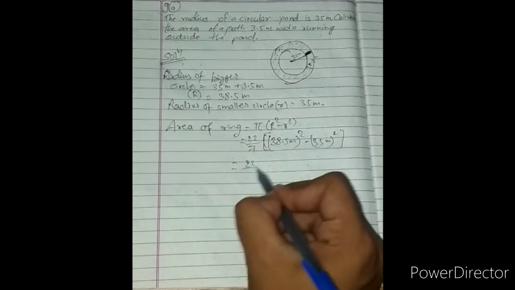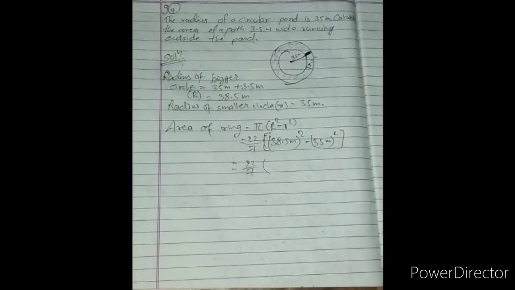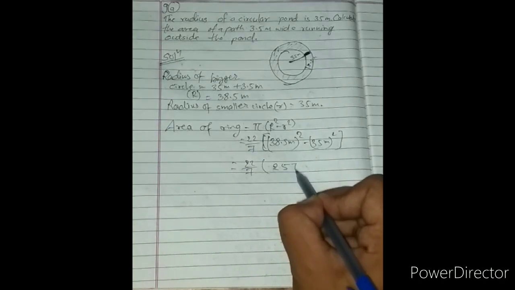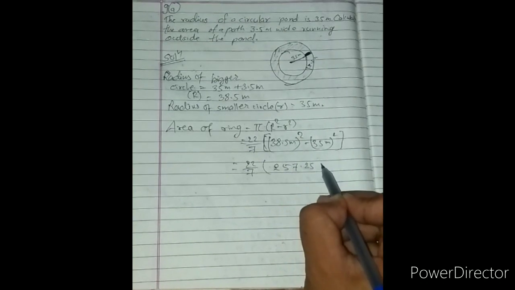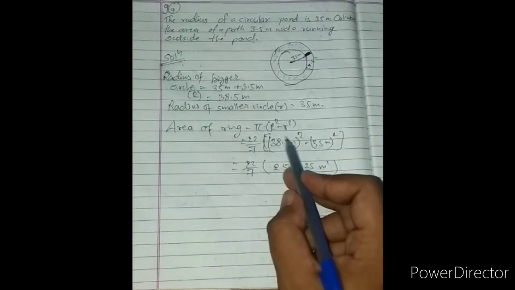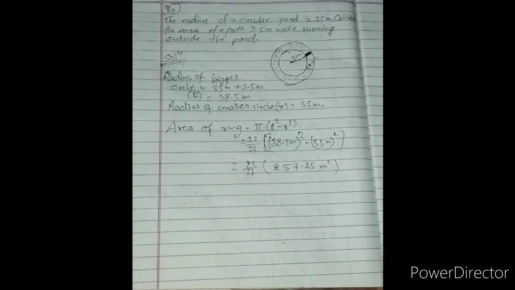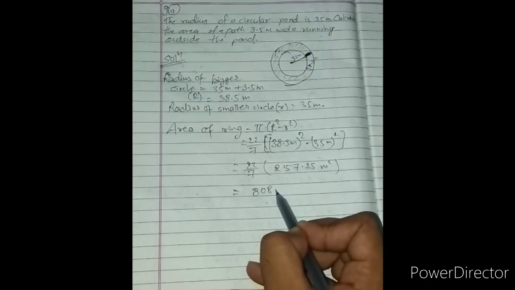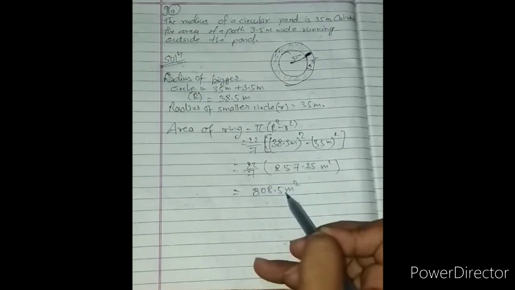It is 22 by 7, 38.5 square minus 35 square, 257.25 into 22 divided by 7, 808.5 meter square.